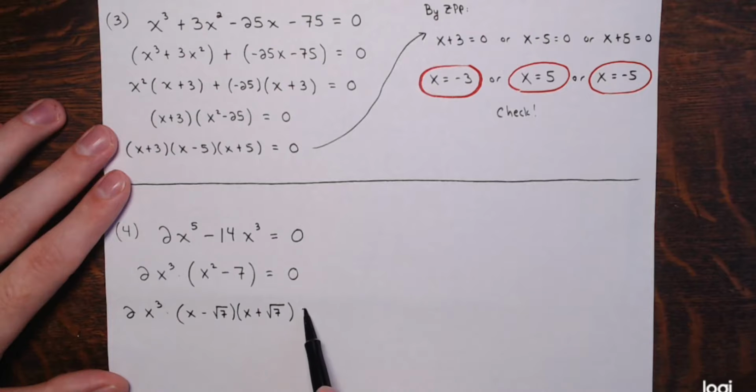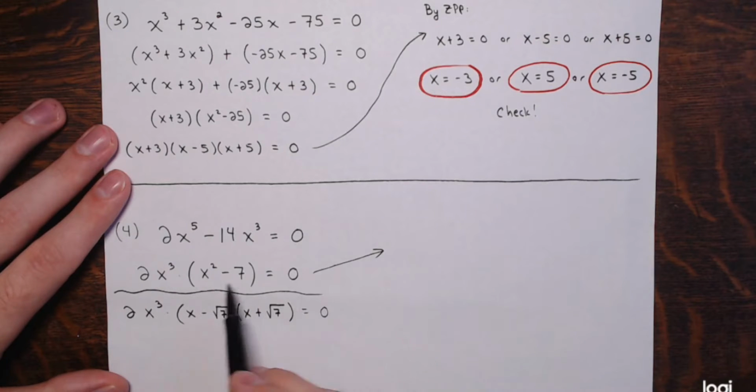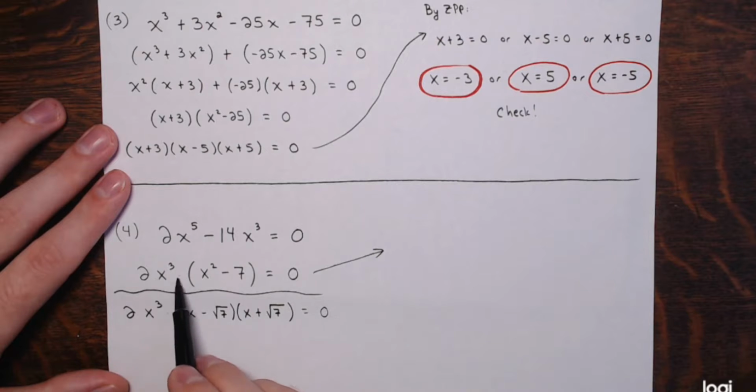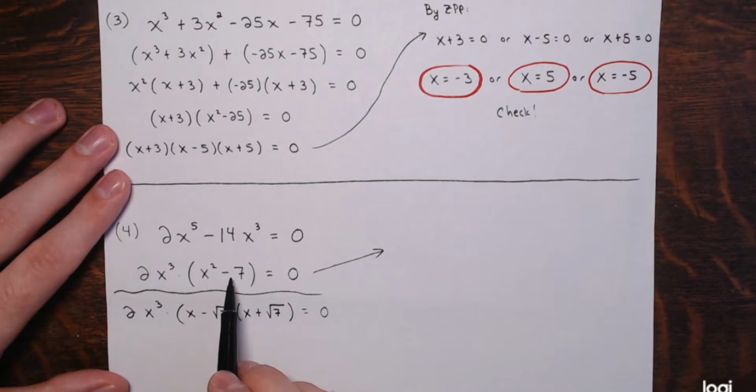I could see people doing this, but if you want to stick to over the integers, we can stick to here. This polynomial, 2 times x cubed times x squared minus 7, is completely factored over the integers, and that's usually what people mean when they say factor things completely: to factor them over the integers, so that all the coefficients are still integers.